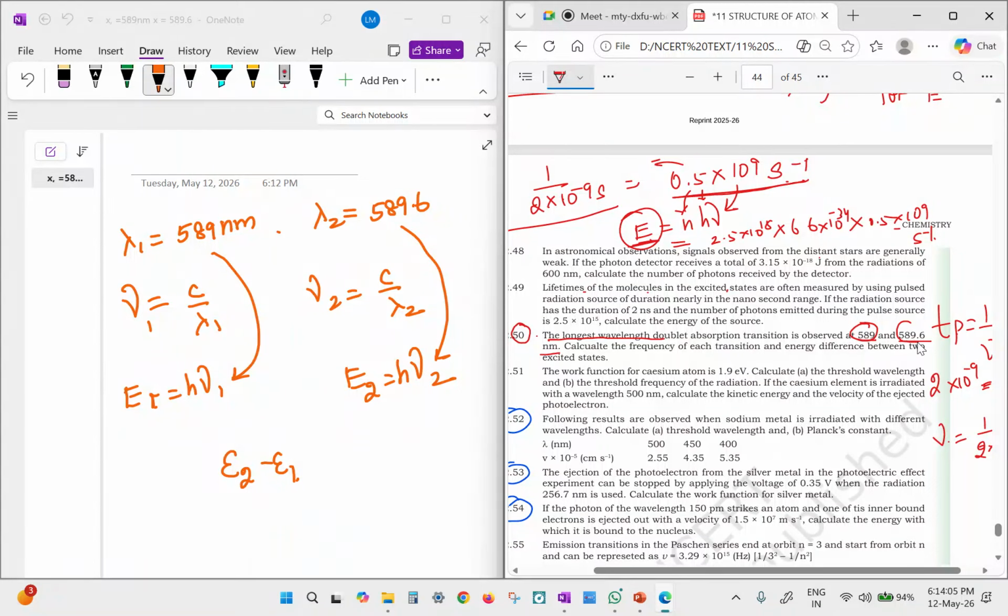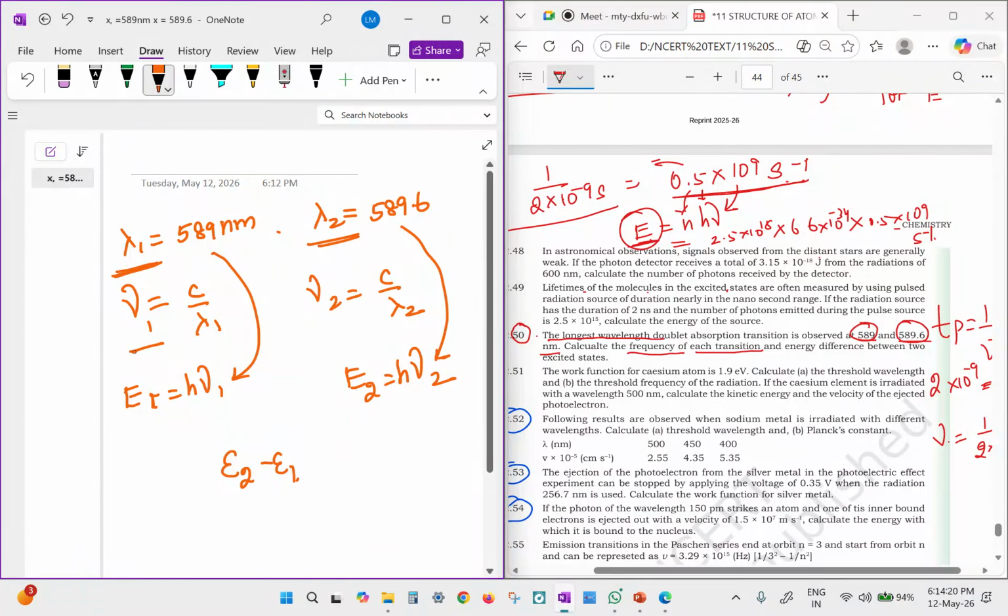Another transition corresponds to 589.6 nanometer. Now they are asking you to calculate the frequency of each transition. You are given the wavelength values, lambda 1 and lambda 2. So can you not find out frequency 1 and frequency 2? We know the relationship, no? C is equal to nu lambda.